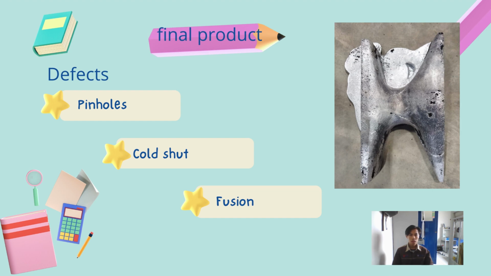There are many reasons that can make it happen, including sand with low refractoriness property. We can prevent it by designing a proper gating system, lowering the pouring temperature, and raising the pressure of the sand mold by adding silica sand.